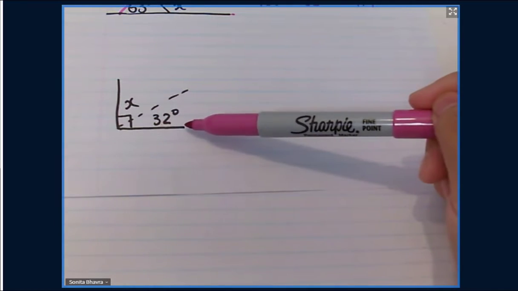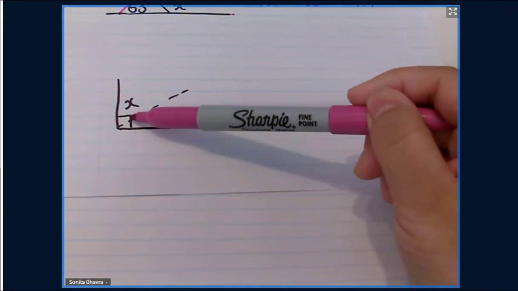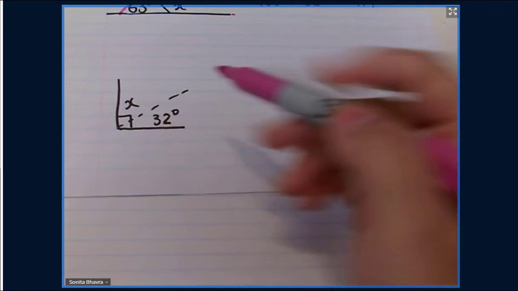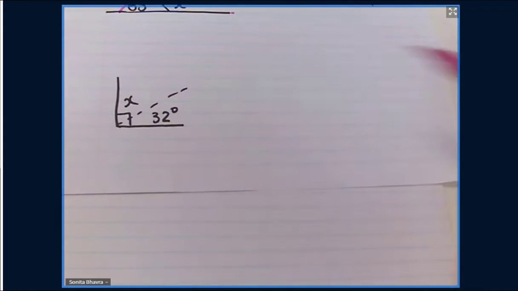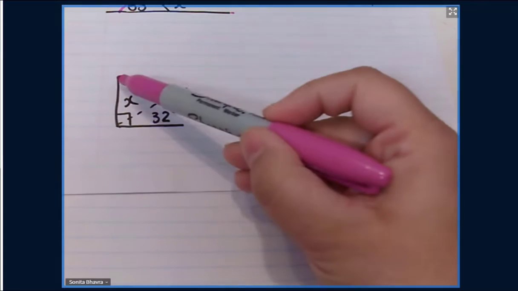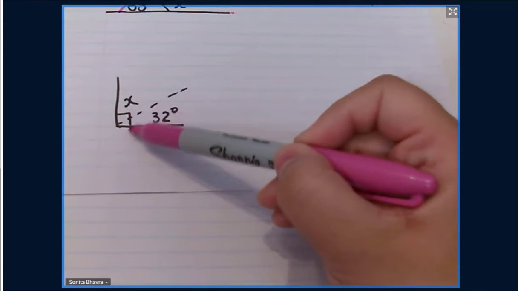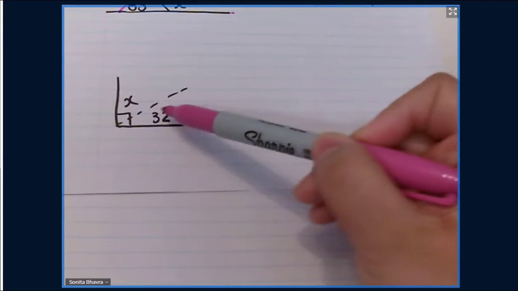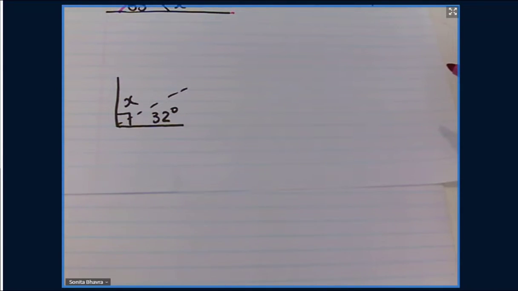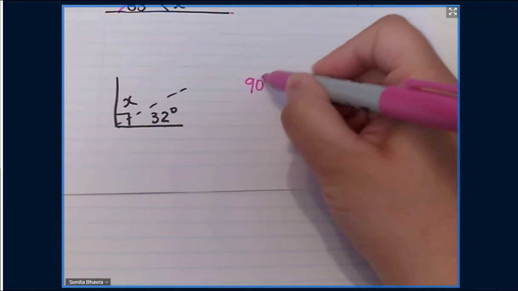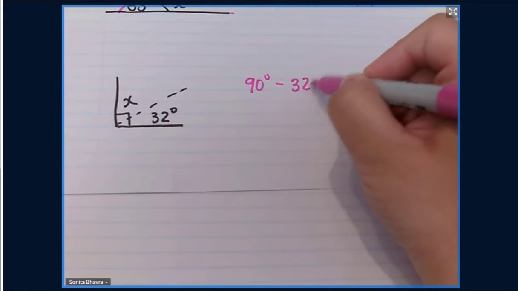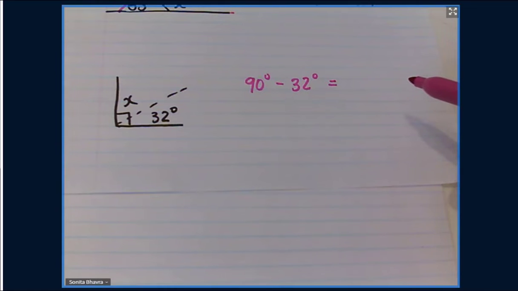In this example, we are given this angle, and we have this little square in there. So we know that anytime we see this square, that represents a 90 degree angle. All right, since this whole angle is 90 degrees, and part of it we're given as 32 degrees, we can subtract 90 degrees minus the 32 degrees to give us our x, which is equal to 58 degrees.